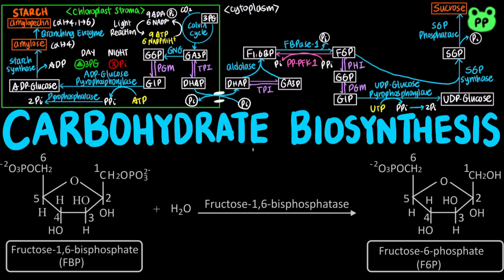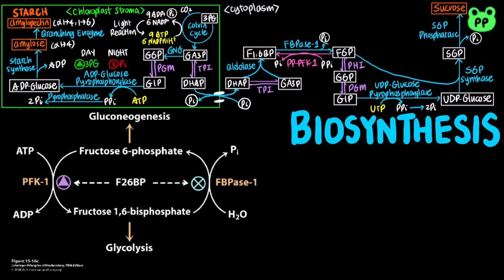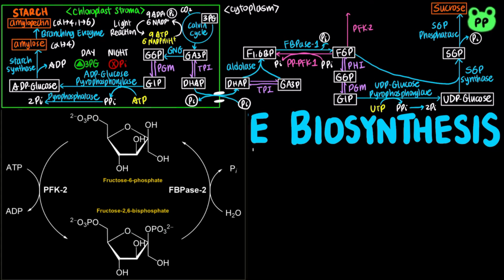Similar to the coordinated and reciprocal regulation of glycolysis and gluconeogenesis, FBPase1 and PFK1 are also allosterically regulated by the side product fructose 2,6-bisphosphate, which is produced from fructose 6-phosphate by phosphofructokinase 2, abbreviated as PFK2. Fructose 2,6-bisphosphate can be reconverted back to fructose 6-phosphate by fructose bisphosphatase 2.